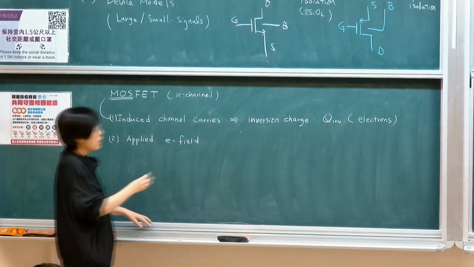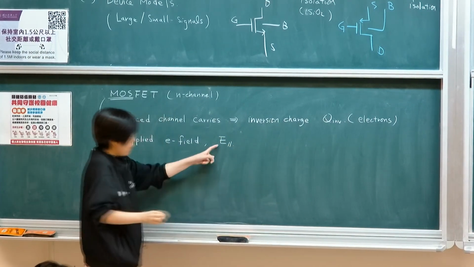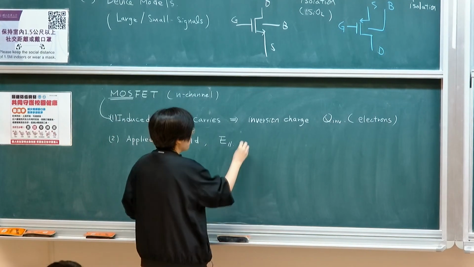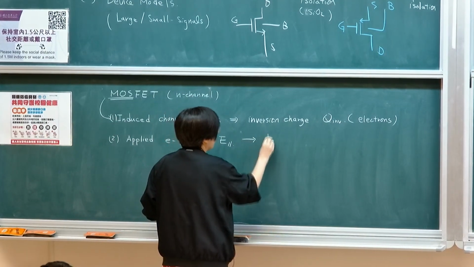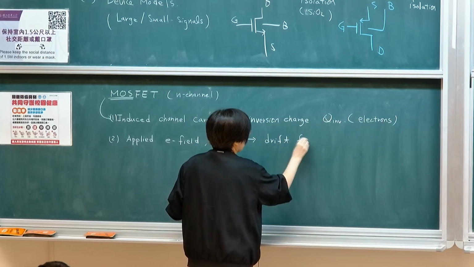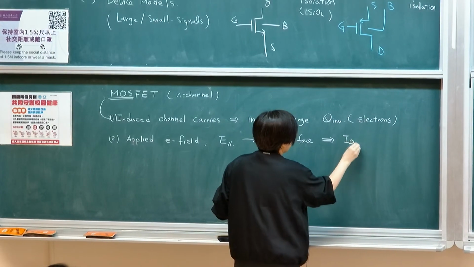I'm going to label it E parallel, along Y. We'll apply a parallel field so that there's a drift force to induce a drain current.